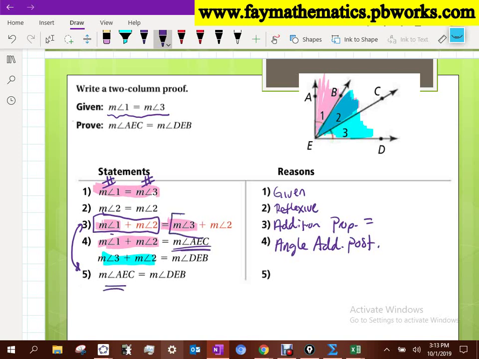And then on this side I got 3 plus 2. Well, didn't we say 3 plus 2 was also the same thing as DEB? So I take those things in those blocks and I replace them with what they're equal to. What's replacing something with what it's equal to? Substitution. Okay. And now we get to a point where our last statement matches with what our approved statement was, so that tells us we're done.